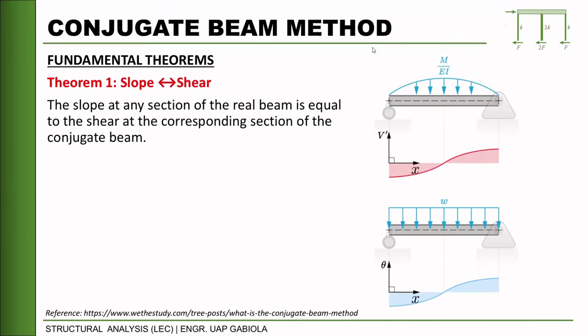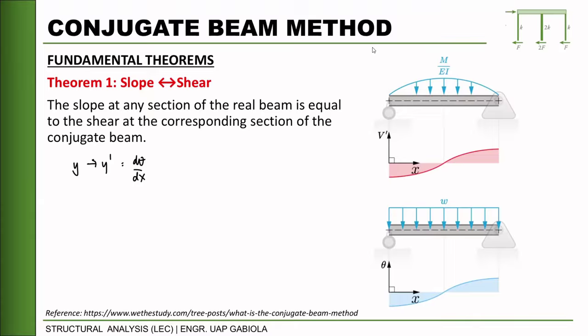From our previous discussion, when we have our y, once we get its derivative, y prime, that is actually our slope, d theta over dx. So how do we accept that the shear we get from our fictitious beam is equivalent to the slope of our original beam?